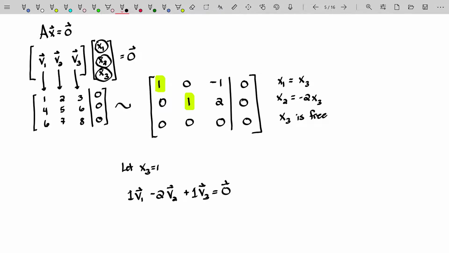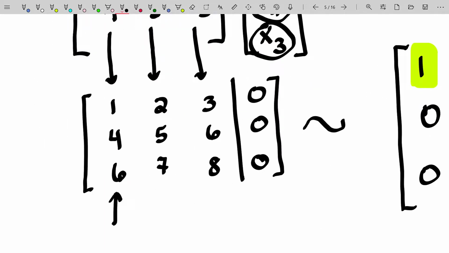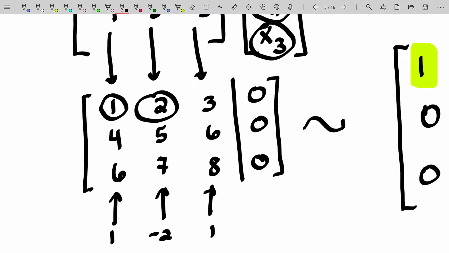Now you can actually test that, by the way. Take 1 times this first vector, subtract twice that second vector, and add one of these: 1, negative 2, 1. Okay, let's try that. That would be 1 minus 4, which would be negative 3, plus 3. That is 0. Well, let's try it in the next row.